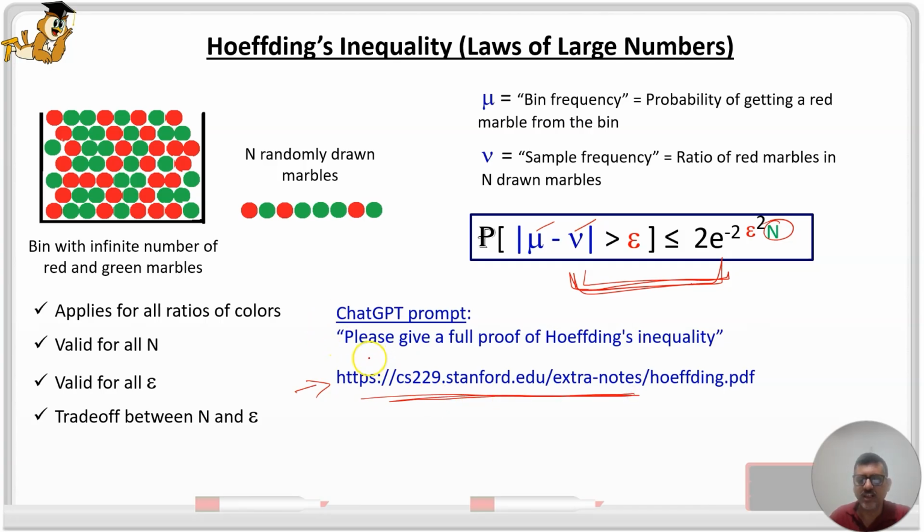One of the places where it has been proved, or you could simply go to ChatGPT or any other online tool and give it a prompt asking for the full proof of Hoeffding's inequality, and you would get it. So I'm going to leave it at that. It was an important result, so it's important for me to give references to the proof, although we will not be going over the actual proof itself.